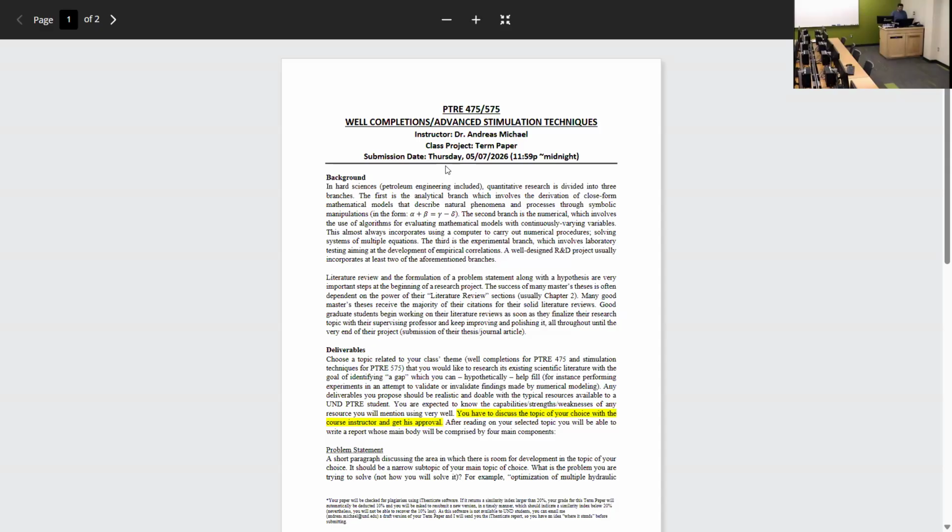The second branch is numerical, which involves the use of algorithms for evaluating mathematical models with continuously varying variables. That is a lot of equations solved at the same time. This is what the simulators are doing. Whether a reservoir simulator or a geomechanical simulator, they all do the same thing.